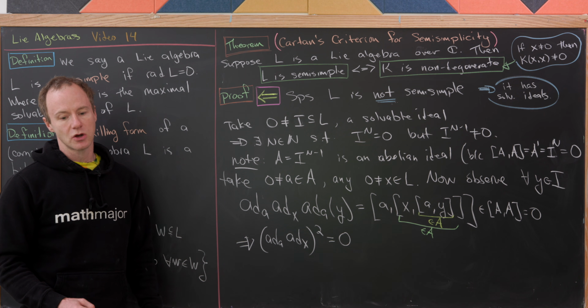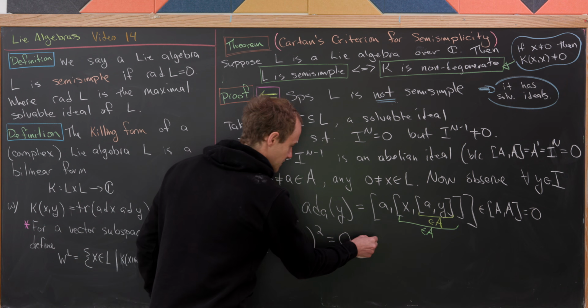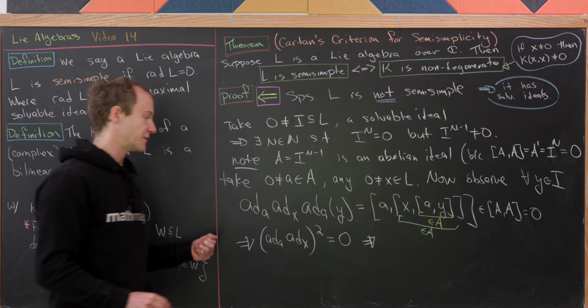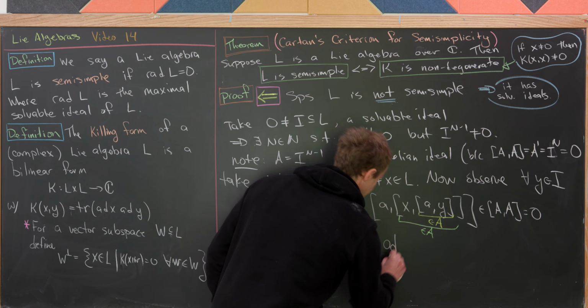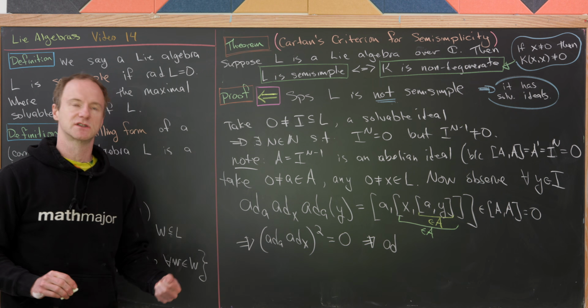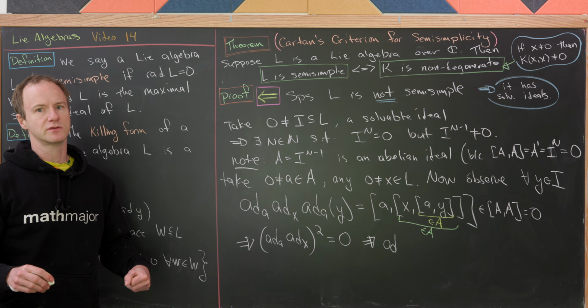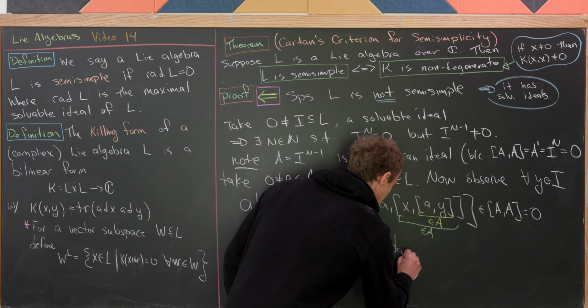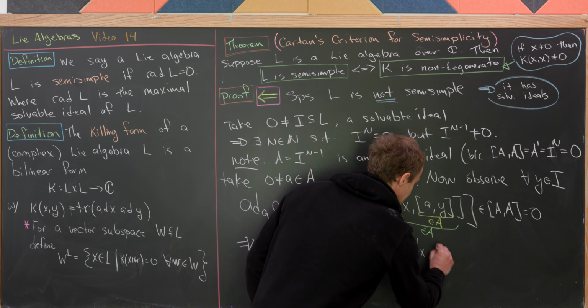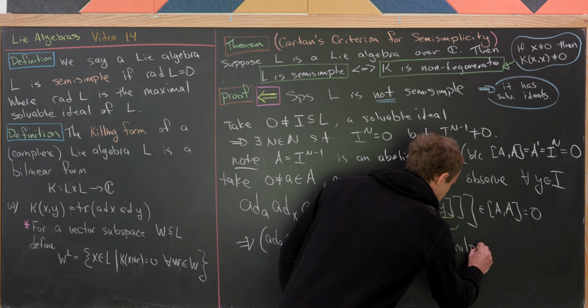So what does this tell us? If a linear transformation squares to 0, that means it's nilpotent. That's the definition of nilpotent, or it doesn't have to square to 0; it has to have some power that's equal to 0. So that means ad A, ad X is nilpotent.